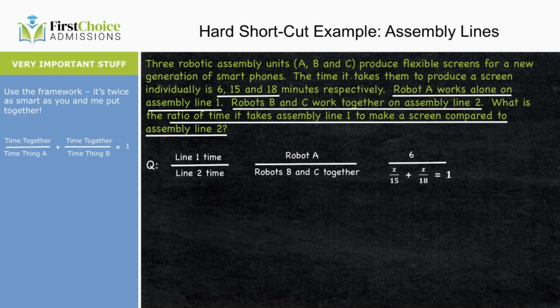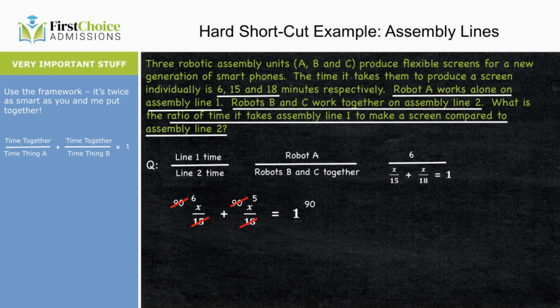Let's take a look at the denominator first. x over 15 plus x over 18 equals 1. We know when we're adding fractions, we multiply through by the common denominator, which is, in this case, 90. It is a dead useful math fact to know that the common denominator between 15 and 18 is 90. It comes up from time to time, so just know it.